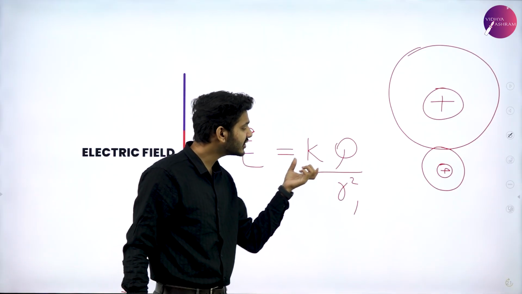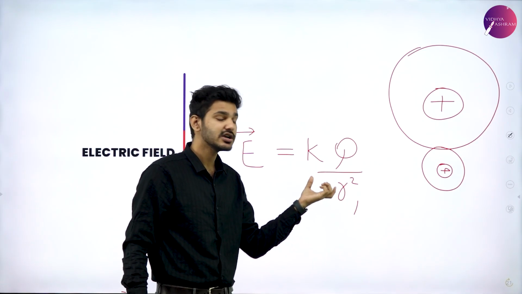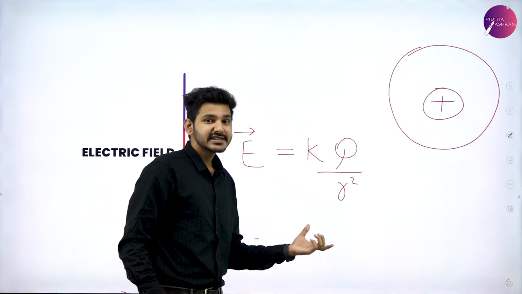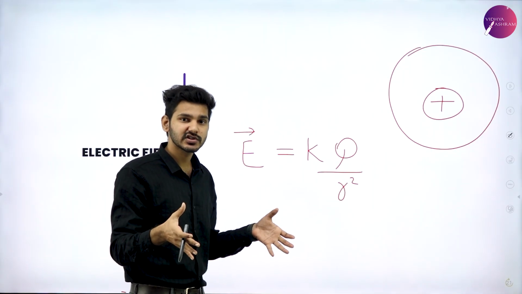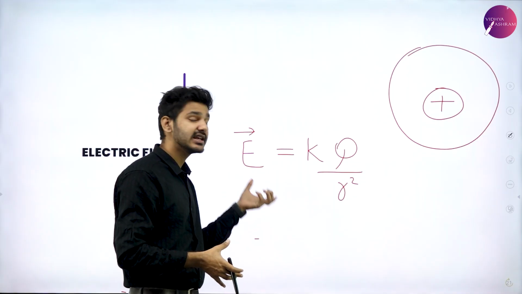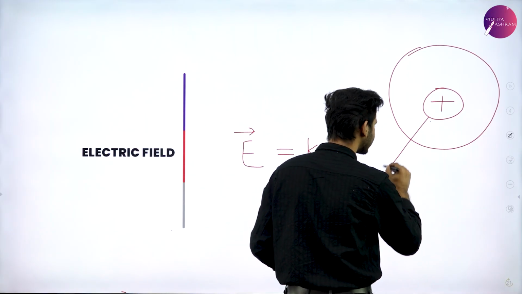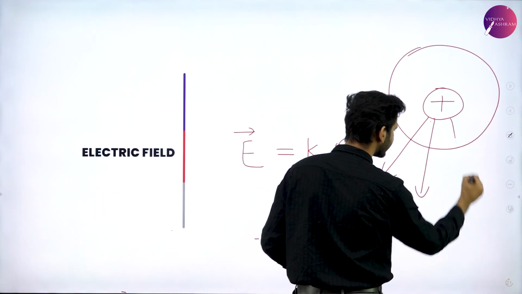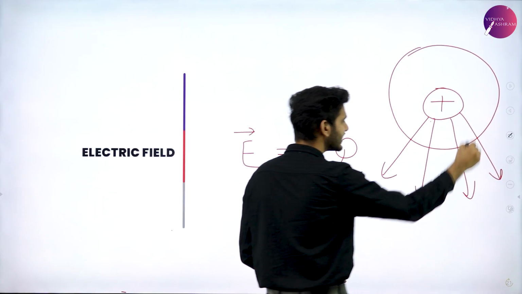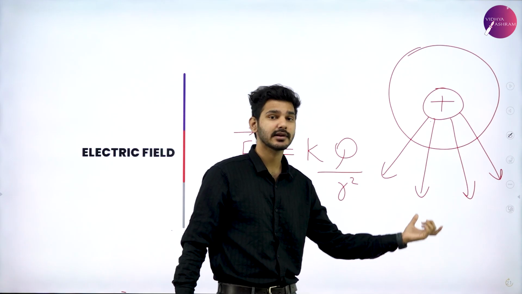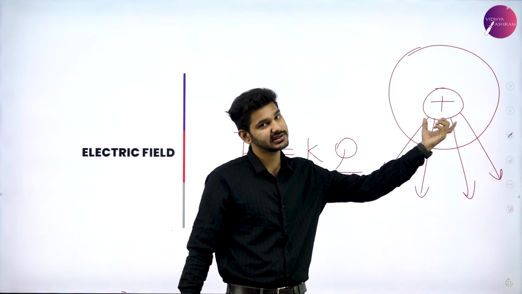And it is also inversely proportional to the square of the distance. That is, as we move further away from the charge, the intensity of the electric field decreases. How do we know that? Simple. As I said earlier, imagine that these are all the field lines represented from this positive charge.